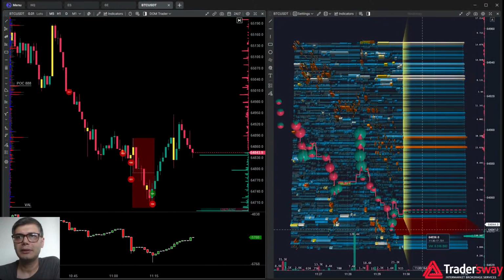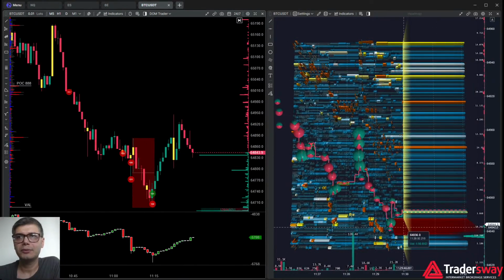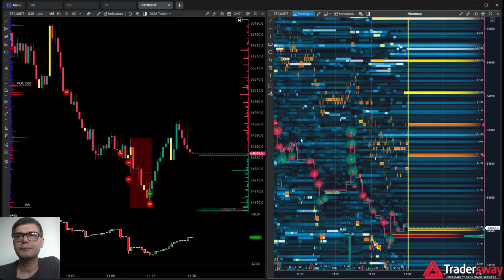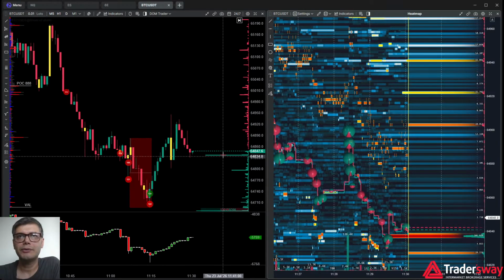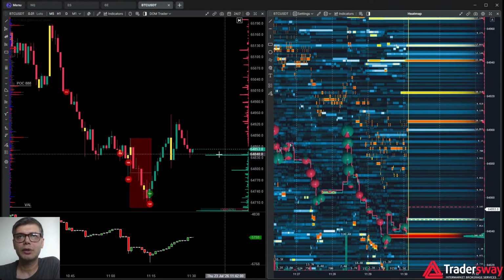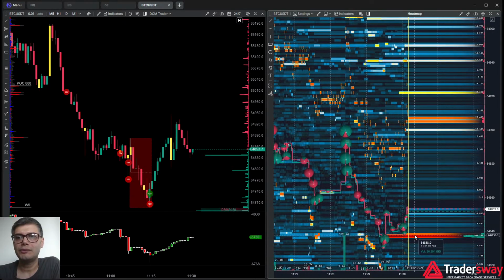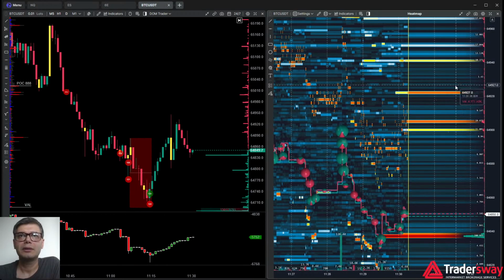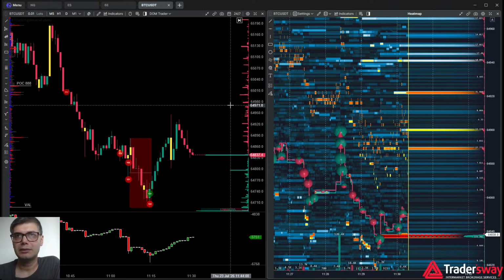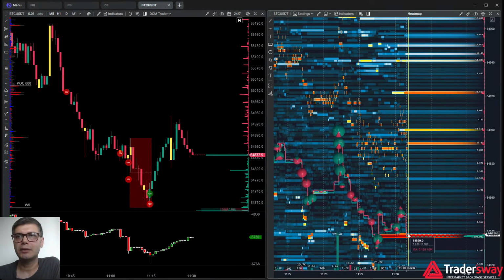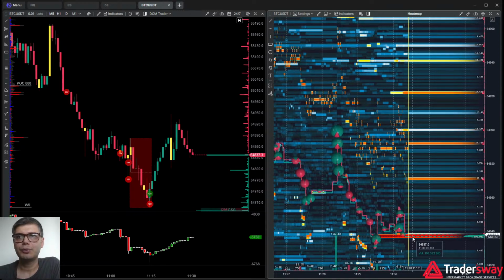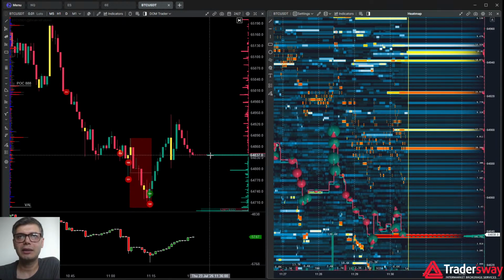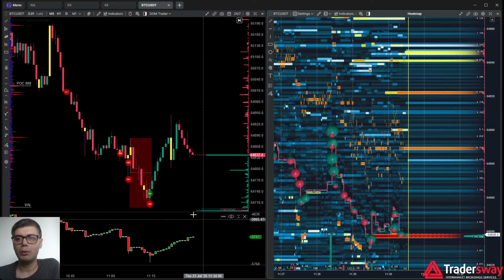Now we have a thick layer of pending orders right here. Let's go back to normal mode. There it is. It also appears on the chart. So now this can be relied on, because it's near the price and they are not removing it unless sellers push below it, which they are pushing. Look at the price, it is exactly inside this wall of pending orders.